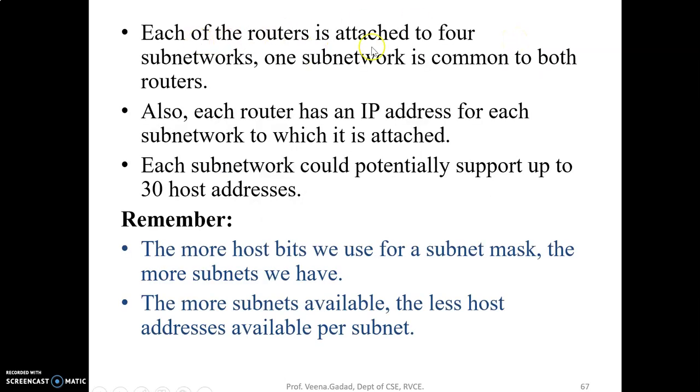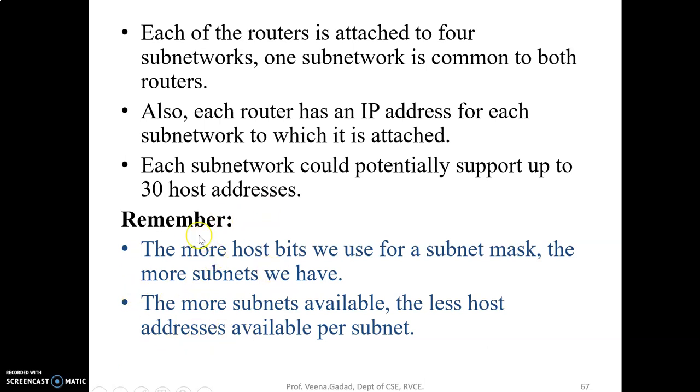Each of the routers is attached to 4 subnetworks. One subnetwork is common to both the routers. Also, each router has an IP address for each subnetwork to which it is attached, right? Each subnetwork could potentially support up to 30 hosts. Since we need 8 subnetworks, it is a class C address. Possible number of hosts will be 30.